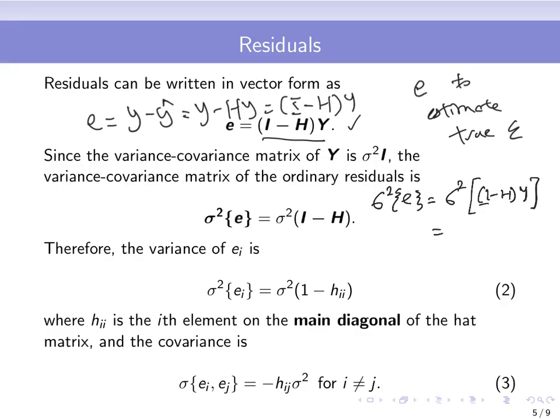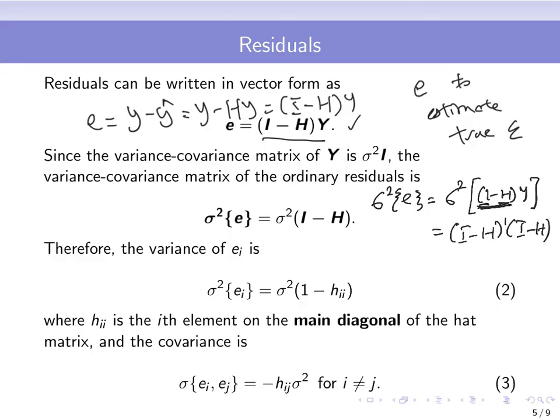Now, I is the identity matrix, so it's a constant. H is the hat matrix, which is a function of your predictors, and your predictor values are treated as constants in regression. So this part here is a constant. The variance of a constant times y is basically the constant squared times the variance of y, and in matrix form this is written like this.